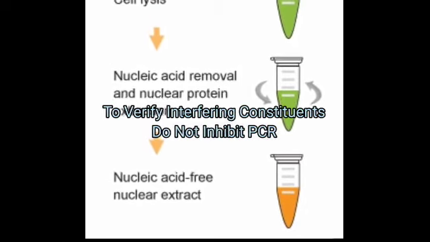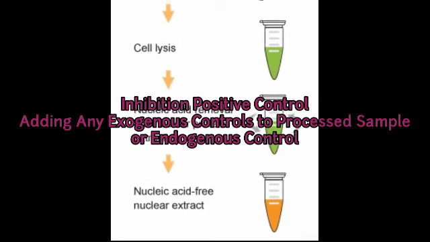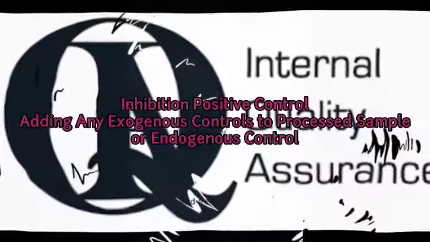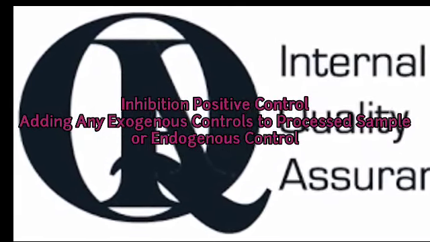Inhibition positive control template can be prepared by adding any of the exogenous controls to a processed sample or by using an endogenous control.